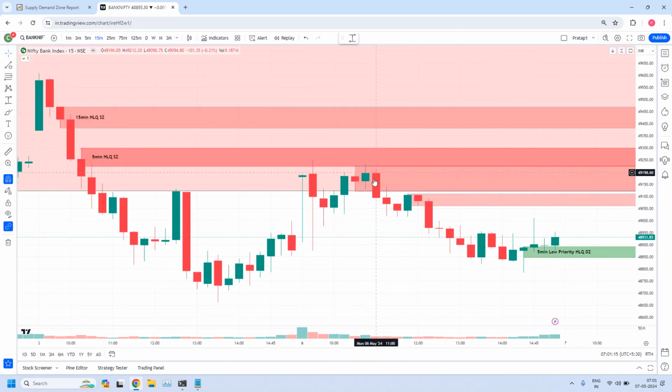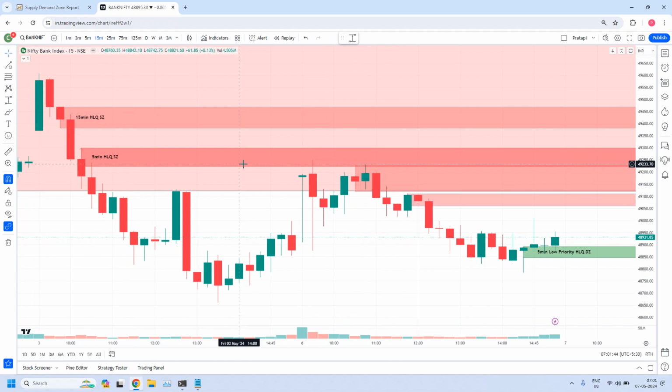We have a rally based drop, and this 15 minute zone's creation is made by this 5 minute high liquidity supply zone. Yesterday evening, in the high liquidity zone analysis video, I had talked about this particular scenario. If a lower time frame zone is responsible for the creation of a higher time frame zone, then the lower time frame zone is having a lot of institutional pending orders.